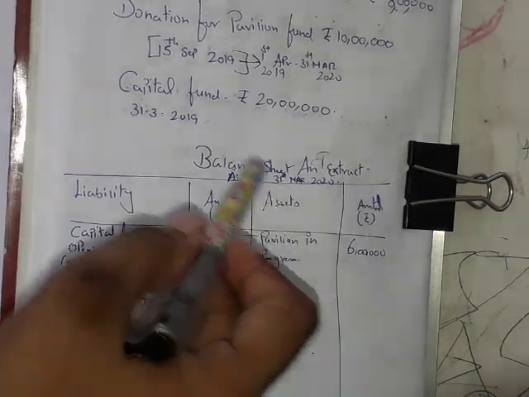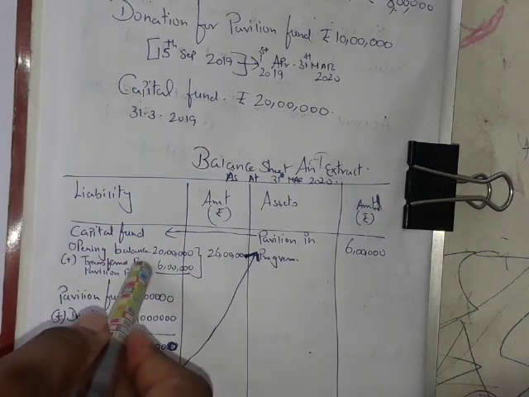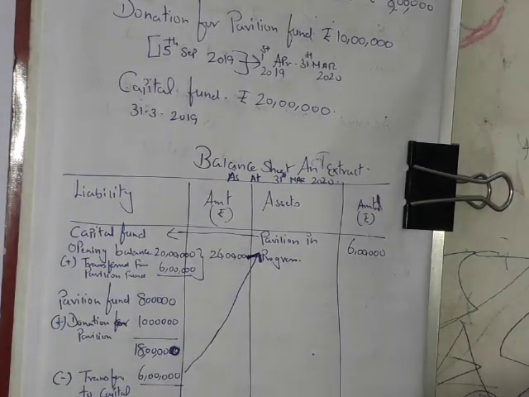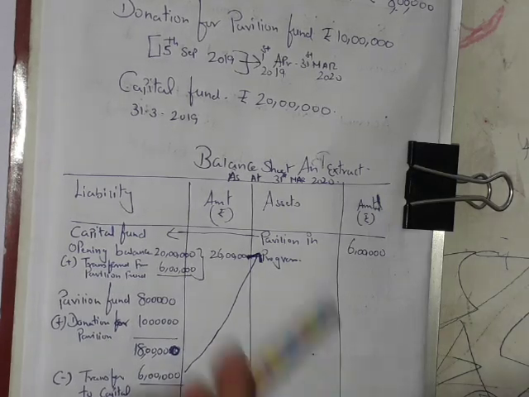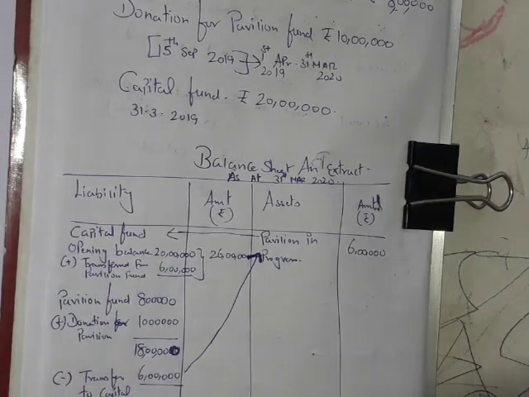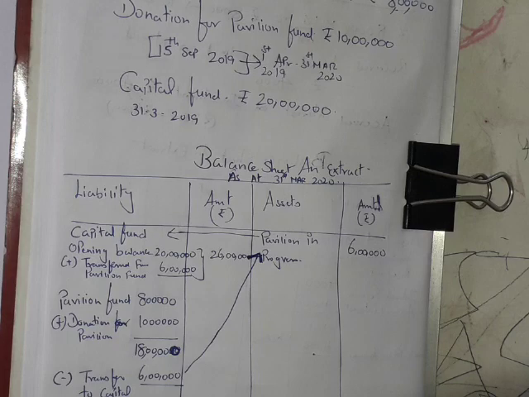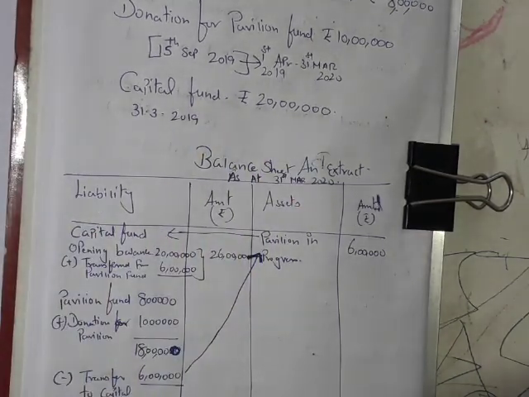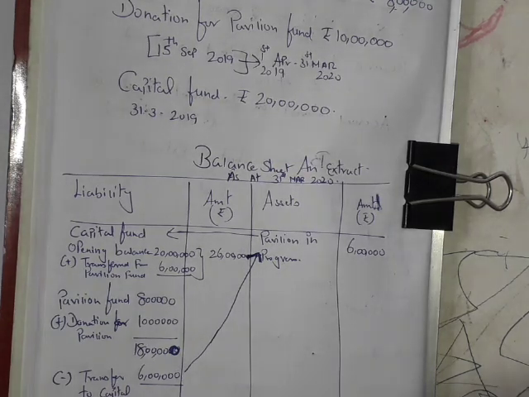So you add back this 6 lakhs, that gives you 26 lakhs. Obviously your balance sheet at this point will not get tallied, because we have not dropped all the items of the balance sheet. It is only an extract. So remember, an extracted balance sheet will never be tallied. It will only have information. So this is the crux of the problem.